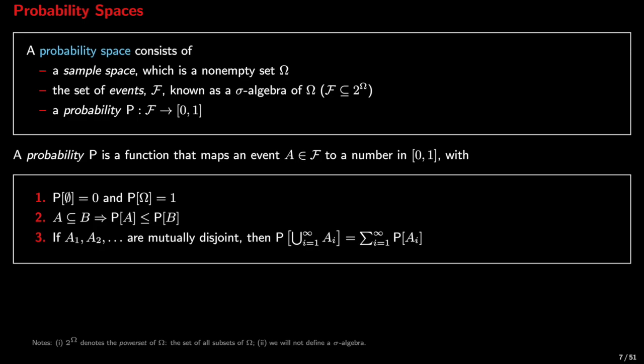The second requirement or axiom is that if an event A is a subset of an event B, then the probability of A is not larger than the probability of B. For example, the probability that the temperature is between 10 and 20 Celsius cannot be larger than the probability of the temperature being between 0 and 50.